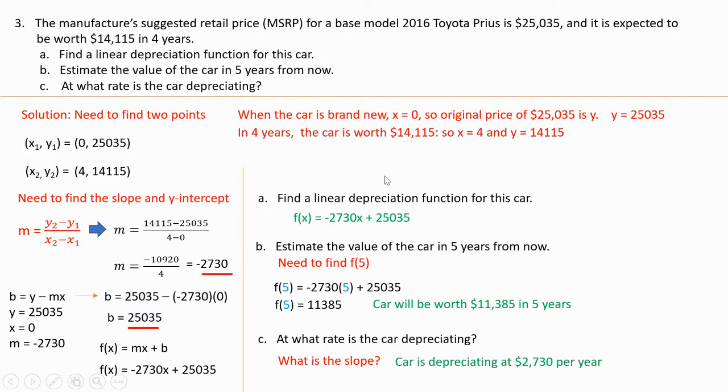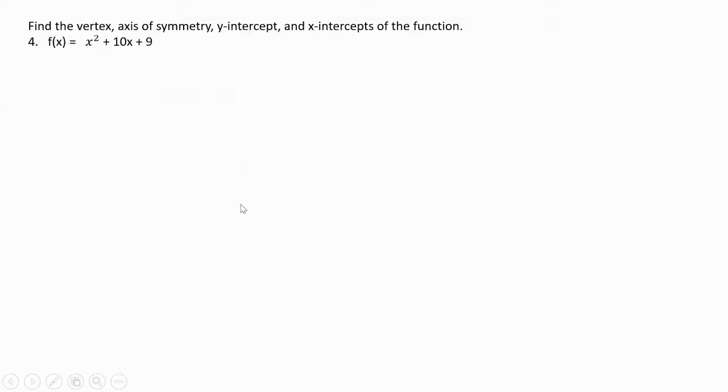Let me continue. Number 4 says: find the vertex, the axis of symmetry, y-intercept, and x-intercepts of the function. Now, hey guys, if it's in the form ax squared plus bx plus c, there are certain things that are visual.